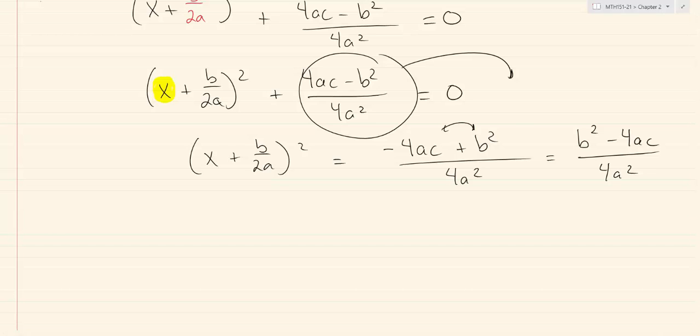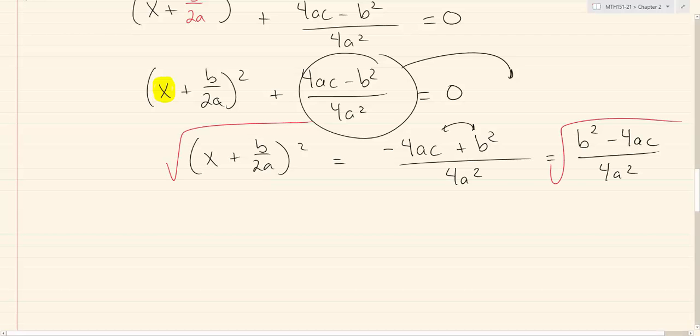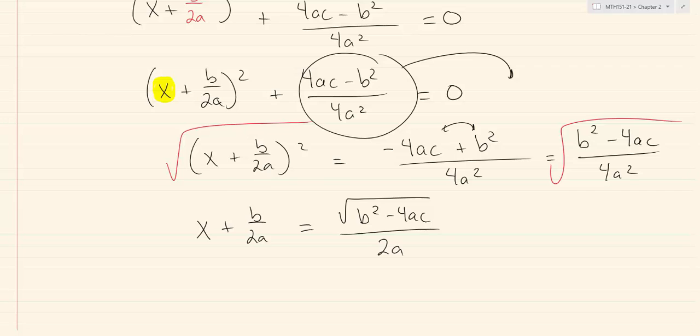Okay, and then the next move is to square root everything. So now we have x plus b over 2a equals the square root of b squared minus 4ac, all divided by 2a. Because remember, I can take the square root of this guy, and that's just 2a.